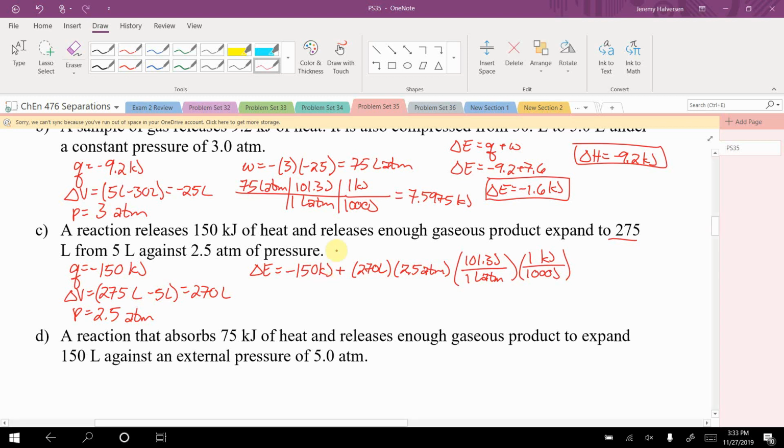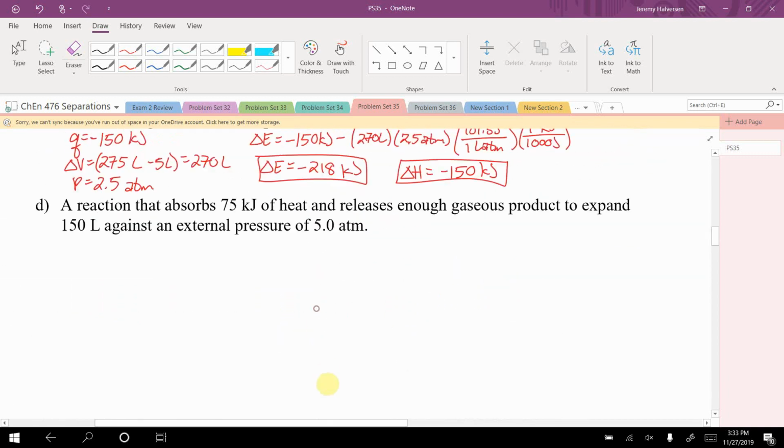Sorry, I should have done Q minus P delta V. Right, and that gives me a change in energy of negative 218 kilojoules, and my delta H is equal to Q.